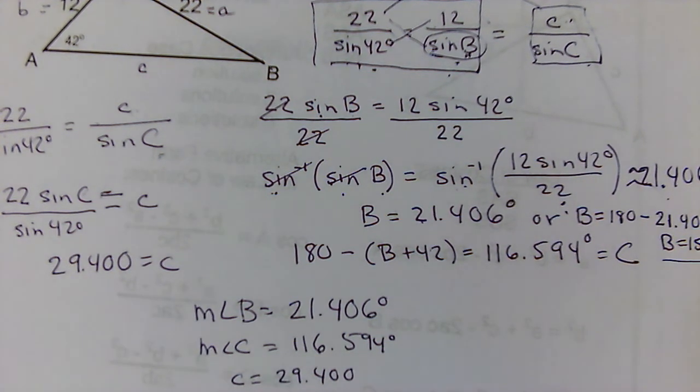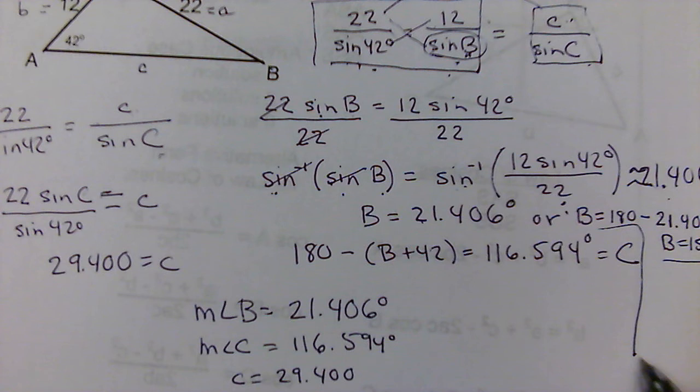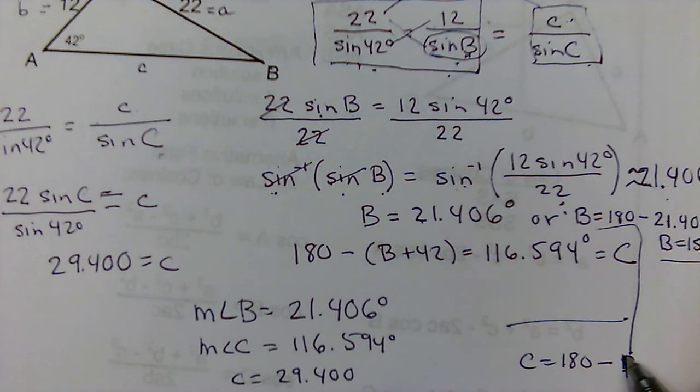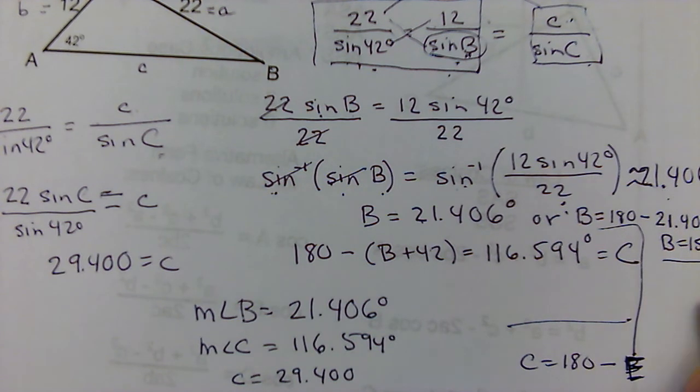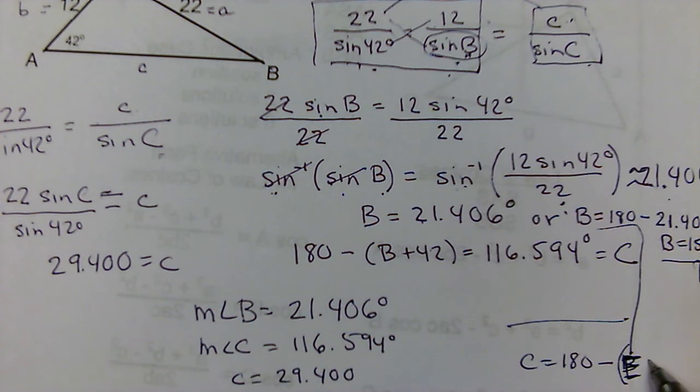And when we get that angle, if we went to try to find angle C, then C would be 180 minus the quantity E plus 42, where I'm going to store 180 minus B into E since we already used B.